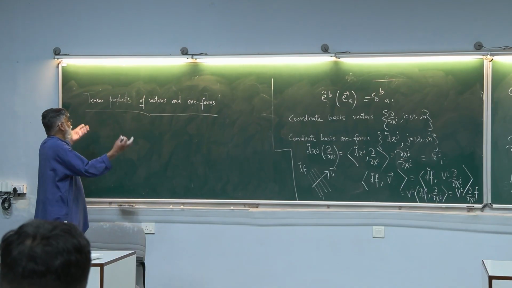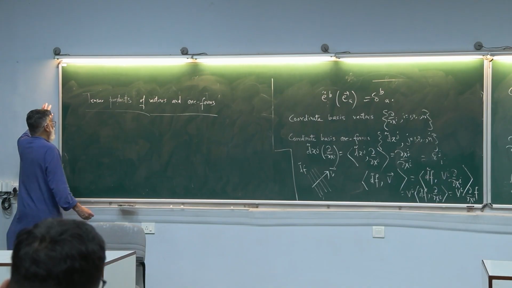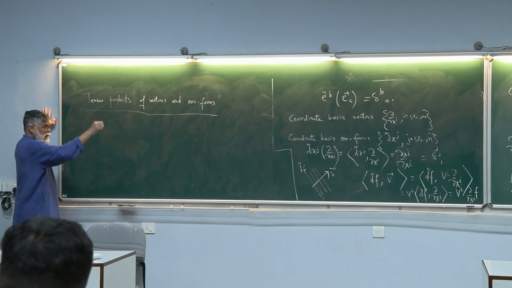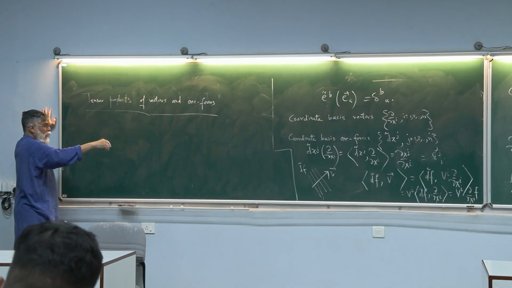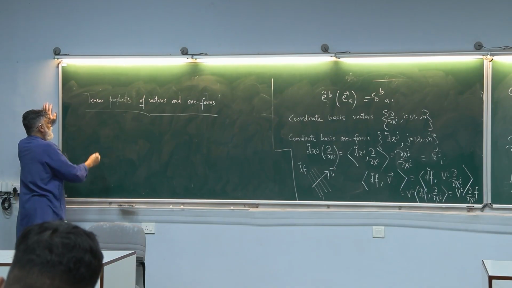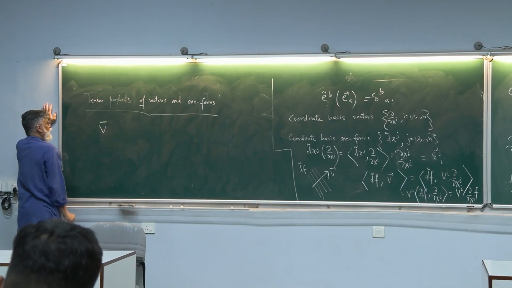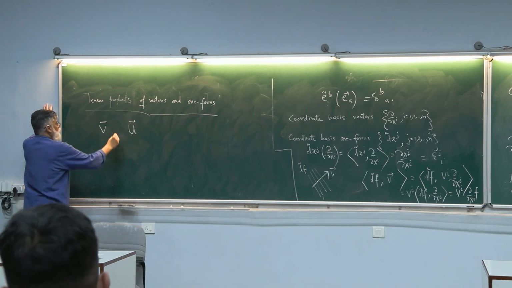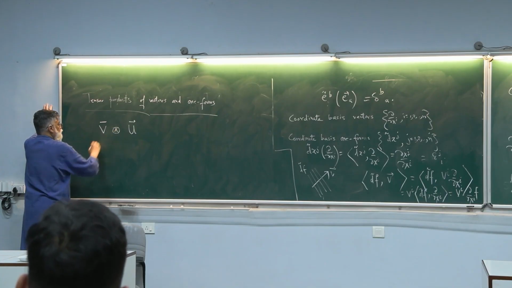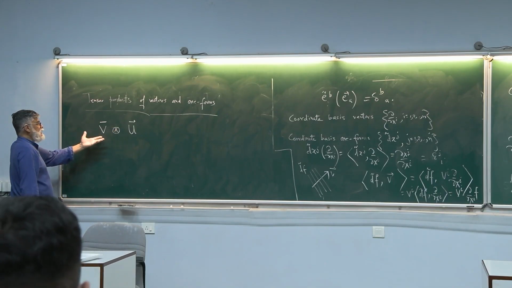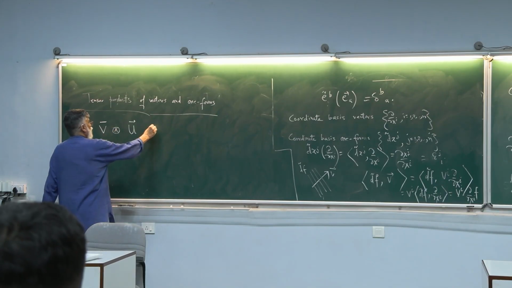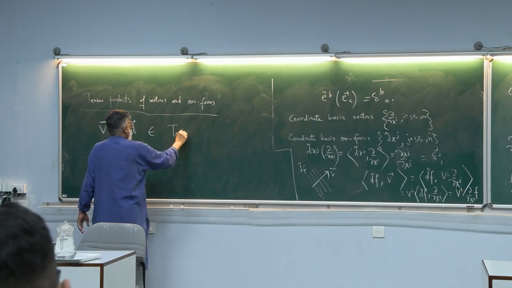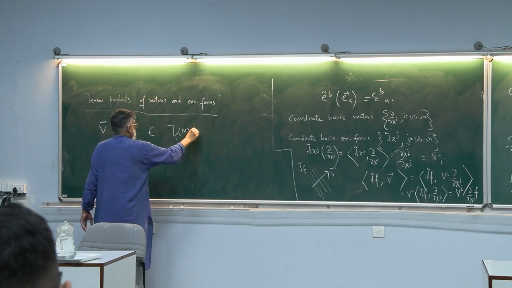So, first let us take tensor product of vectors. I am going to suppress the P subscript because everything is happening at a point and you can do it for any point. If you have a vector V and another vector U, you have a notion of tensor product. This belongs to the tensor product of TPM cross TPM.